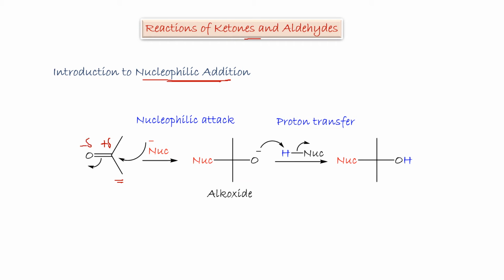So the nucleophile will attack, giving O minus alkoxide. Then proton transfer, H from the solvent of the reaction mixture, from the workup later on, you get the H, and so it's nucleophilic addition. You added a nucleophile, and on the O, you add an H.